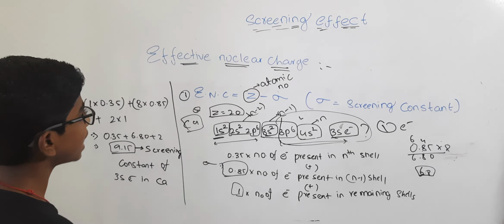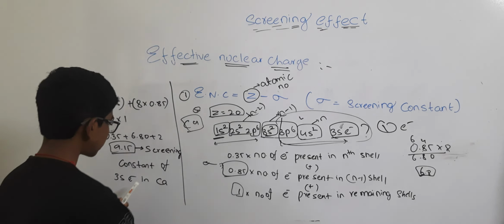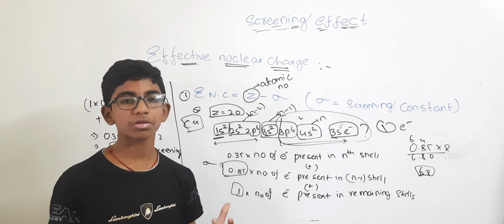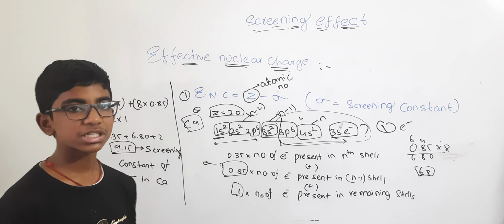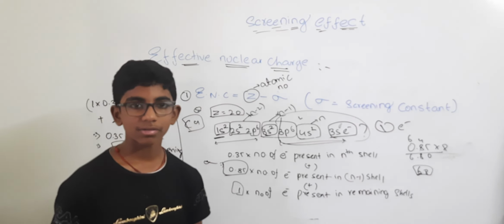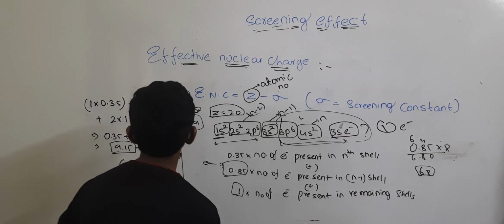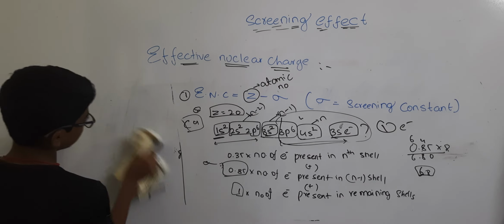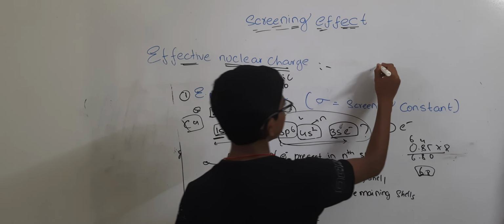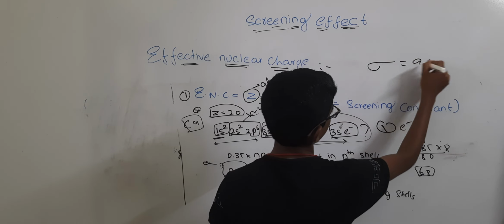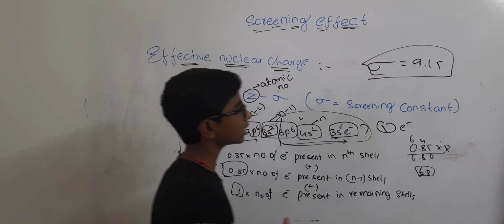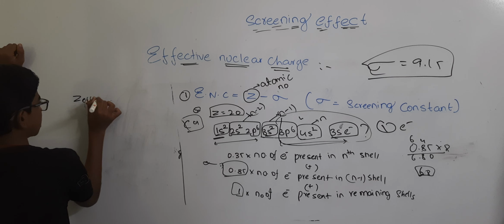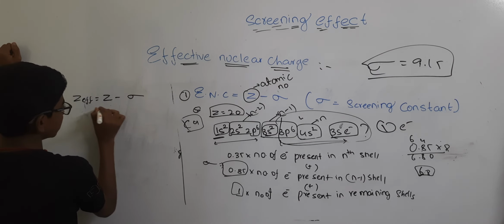Now you have to find the effective nuclear charge of that electron in calcium, that is, how much attraction from the nucleus is experienced by that electron. That effective nuclear charge will be calculated. I am writing the value: sigma is equal to 9.15 for the 3s electron. Then the effective nuclear charge Z effective is equal to Z minus sigma.